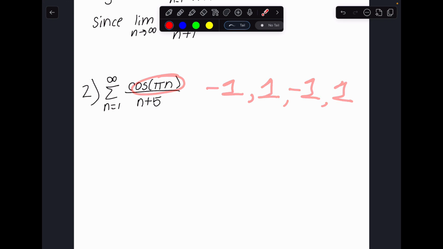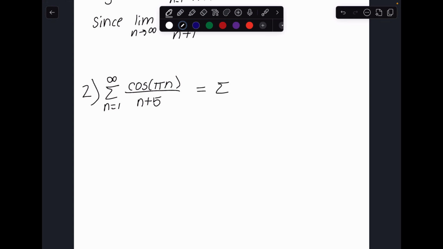And you might notice that cosine of pi times n is actually just the same thing as having (-1)^n. So I have an alternating series here. It's just kind of disguised. But since I can rewrite it in this form, (-1)^n over n plus 5, we're good to go in saying that this is an alternating series.